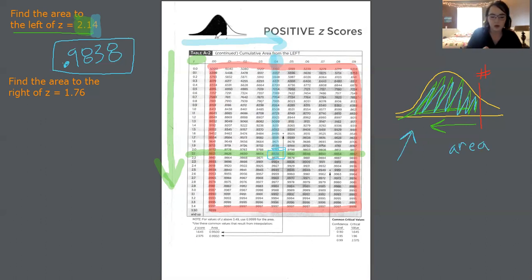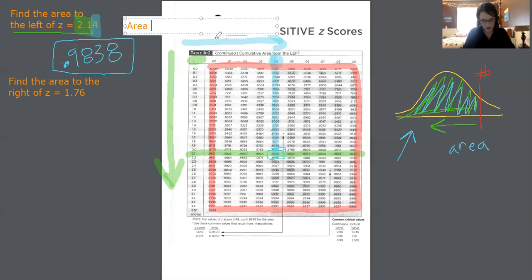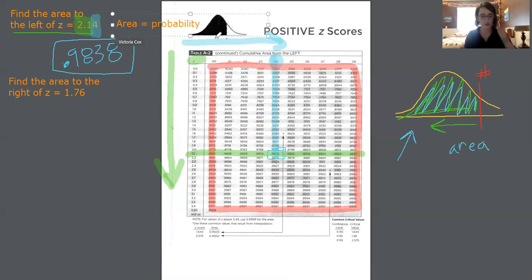Also, quick note, recall from chapter 4 that area is the same as probability. So if you were going through chapter 4 right now, the question could be, find the probability of whatever when z is this number.